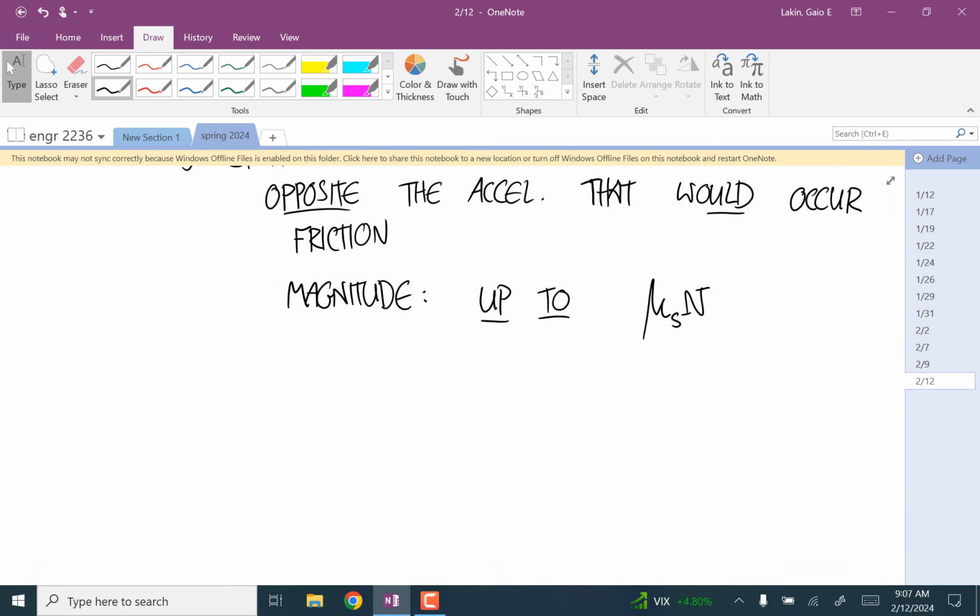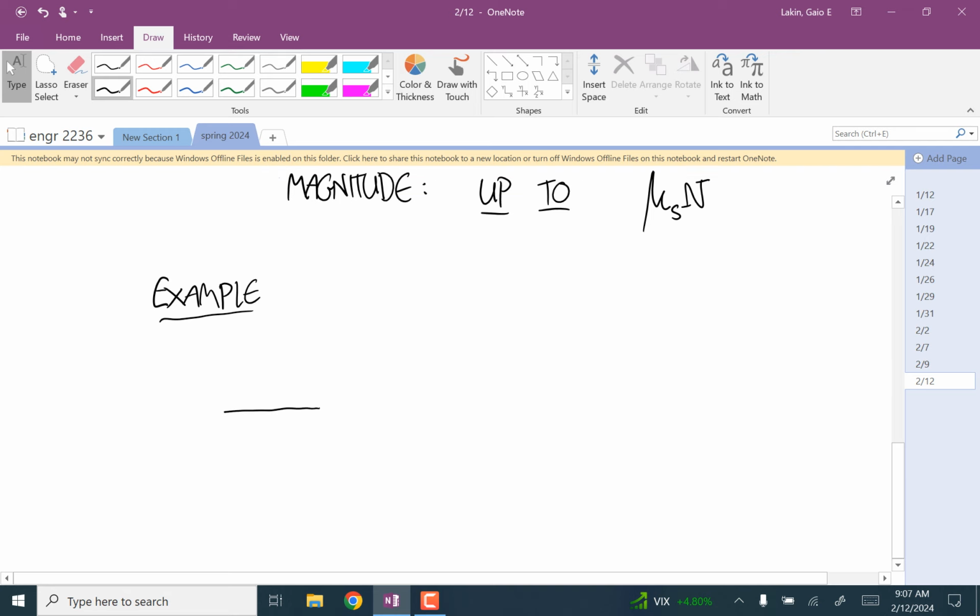Okay, so let's do a simple example, and then we'll do a more complicated example. So let's say this is 5 kilograms.